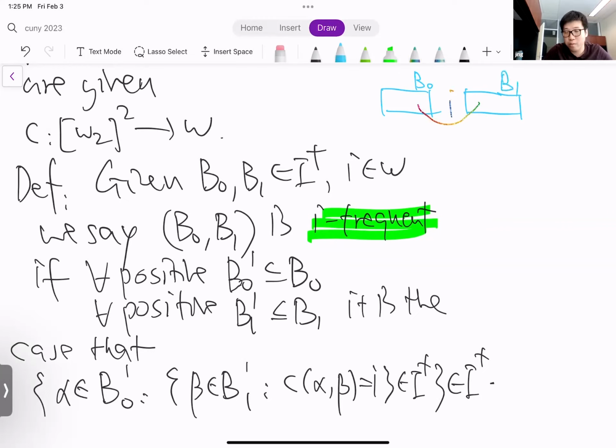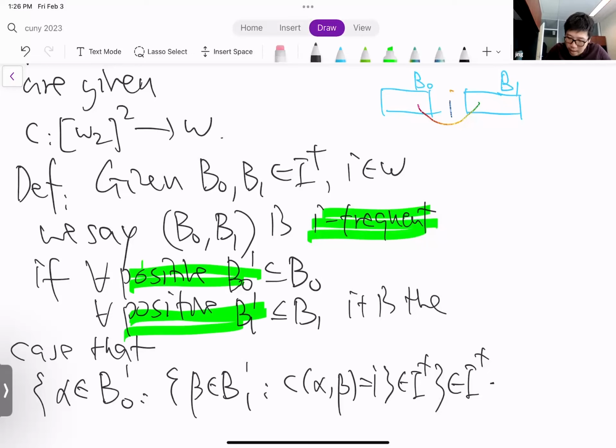But as in Ramsey theory, in order to prove Ramsey theorems, sometimes one step is not enough. That's why there's some kind of density thing here. You sort of want this frequentness to happen very inherently.